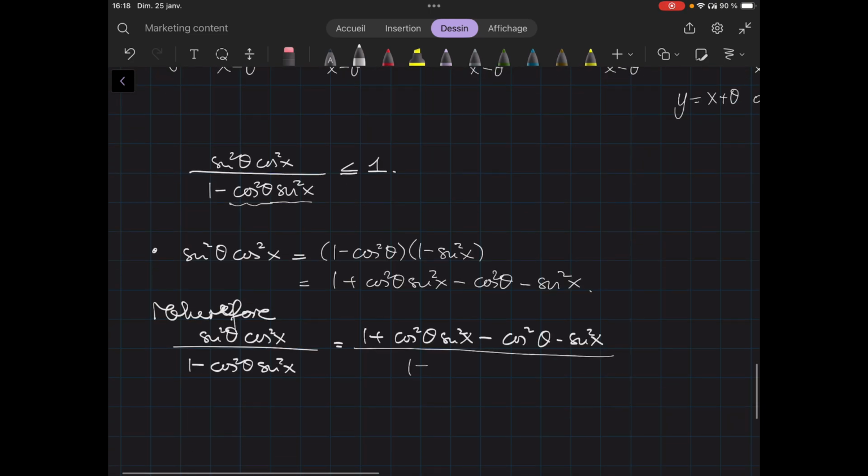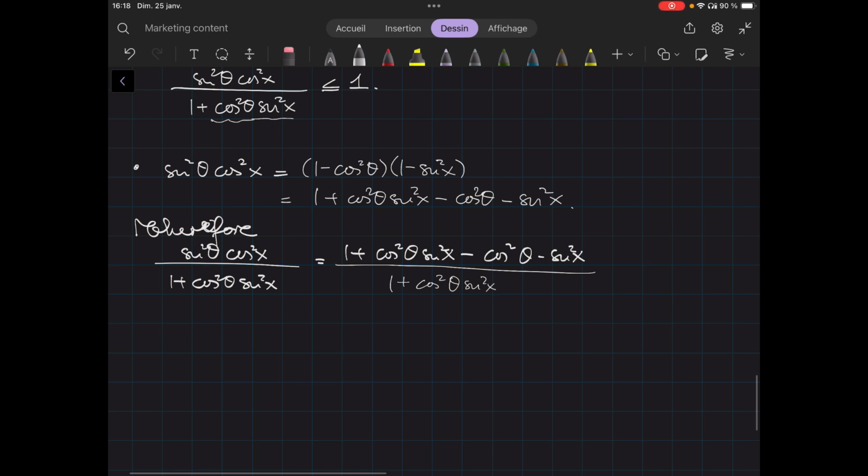It is 1 plus in the denominator. Apologies. Doing long division, we'll get 1 minus this term.